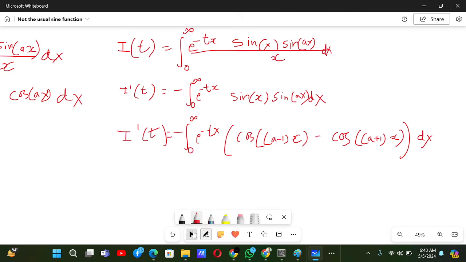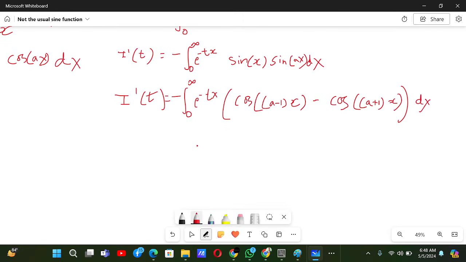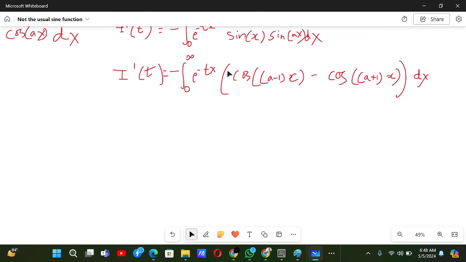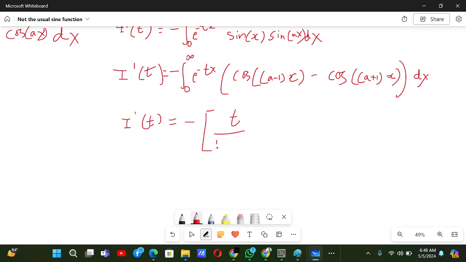Here the variable of the complex domain is t, and initially we are in x. If we use the Laplace transform, we know that for cos ax, the Laplace transform is basically s by s square plus a square. Using a similar formula here, we get t by t square plus (a minus 1) whole square.